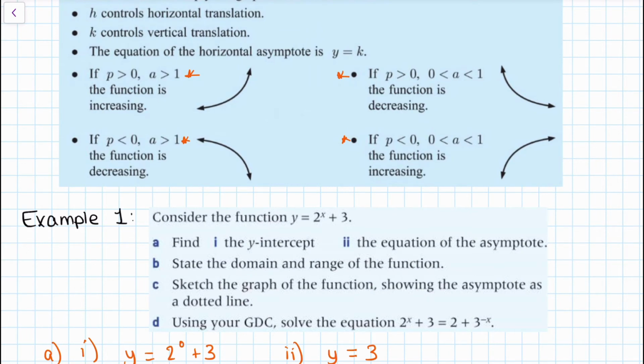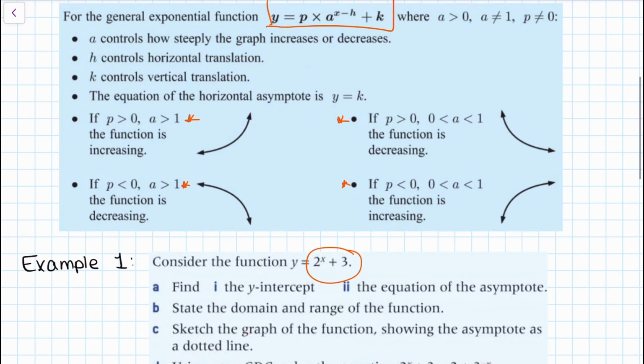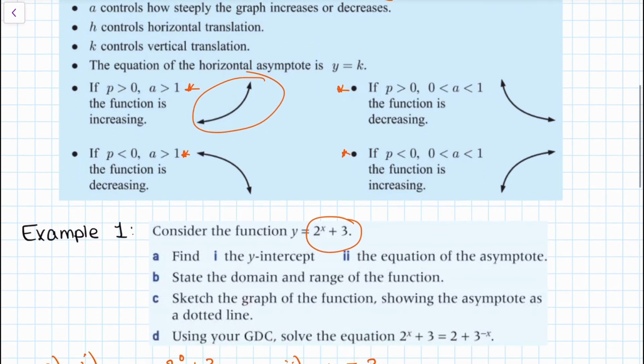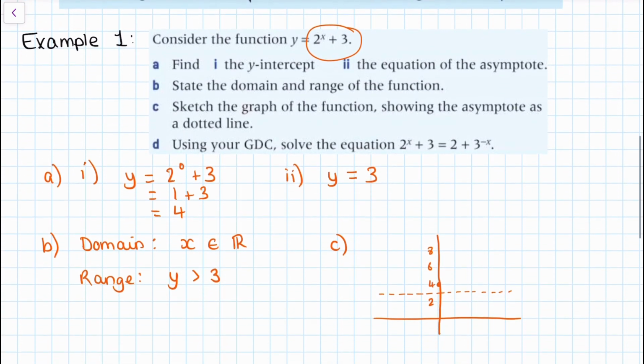In this equation, if we look at our p and a values, p has to be positive because 2 to the power of x is positive. a is 2, which is greater than 0. So we are looking at this first graph here. And then we just draw it. So we've got the asymptote, and then it goes through the intercept and carries on going. And that's the basic sketch of the function.